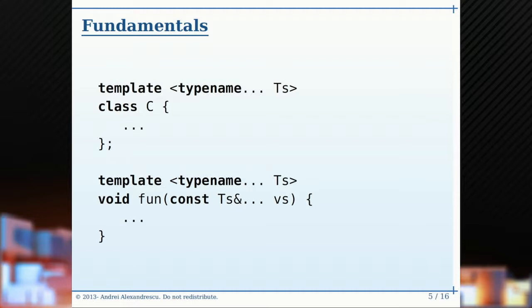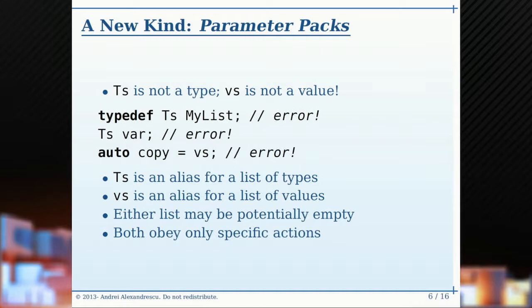It's a new kind of thing. Therefore, the normal rules apply: you can't copy such a thing. You can't typedef it. You can't give it an alias, a different name. So typedef could seem entirely appropriate, but it's not.